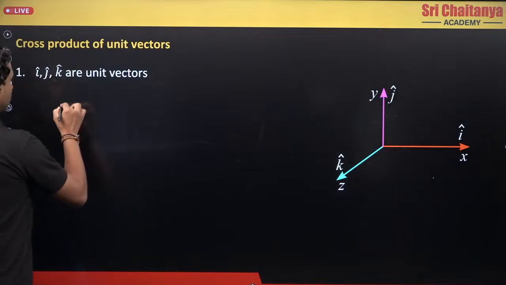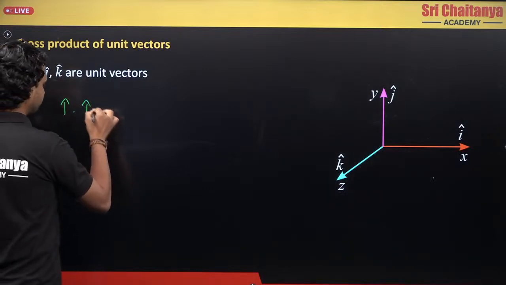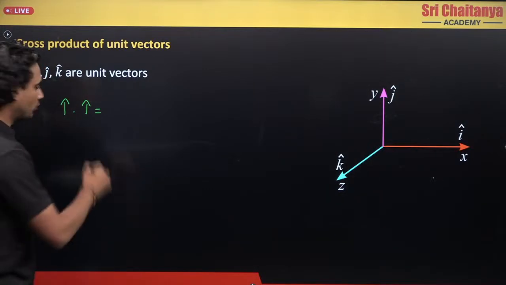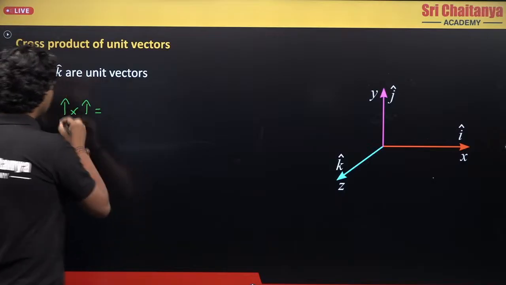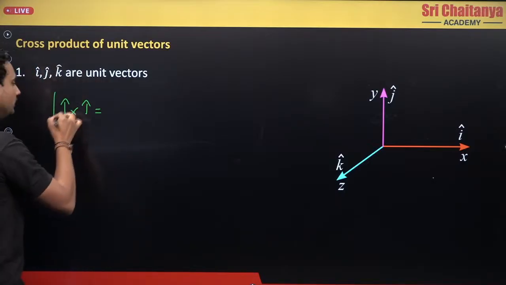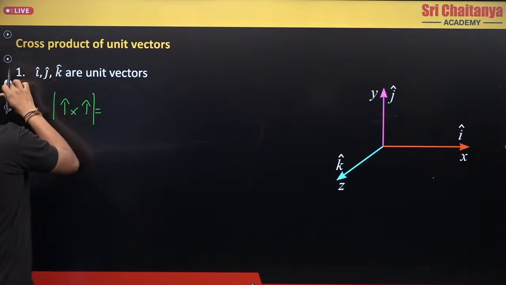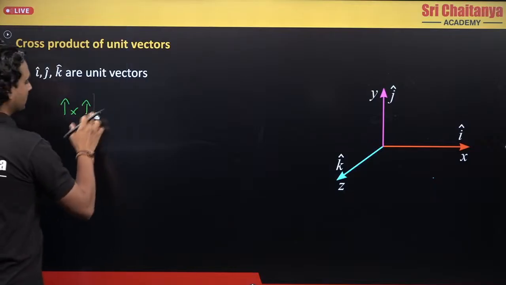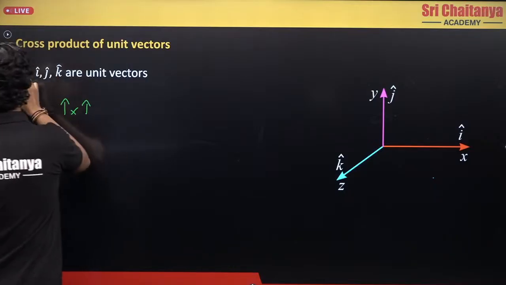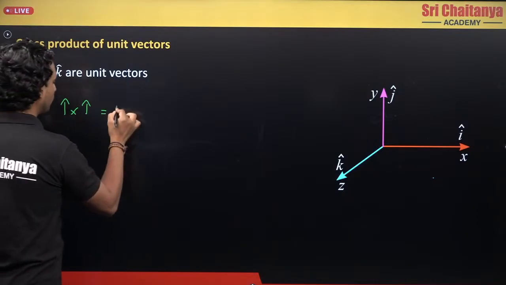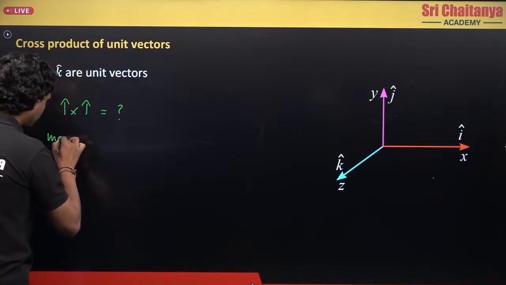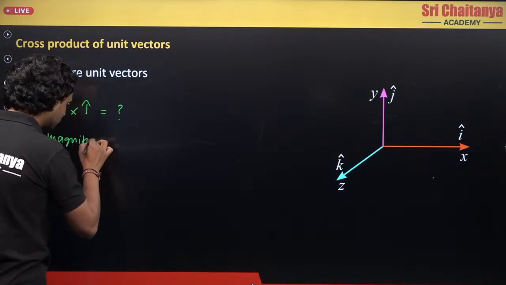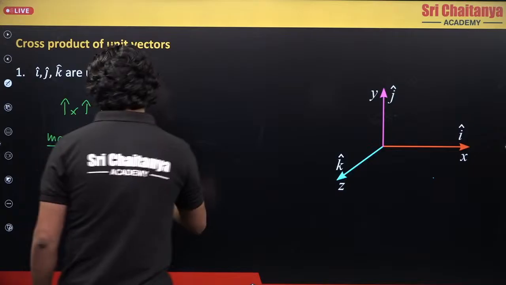First of all, I cross I. How much will it be? To find it, the first thing we will find is the magnitude. What is the formula I'll use?